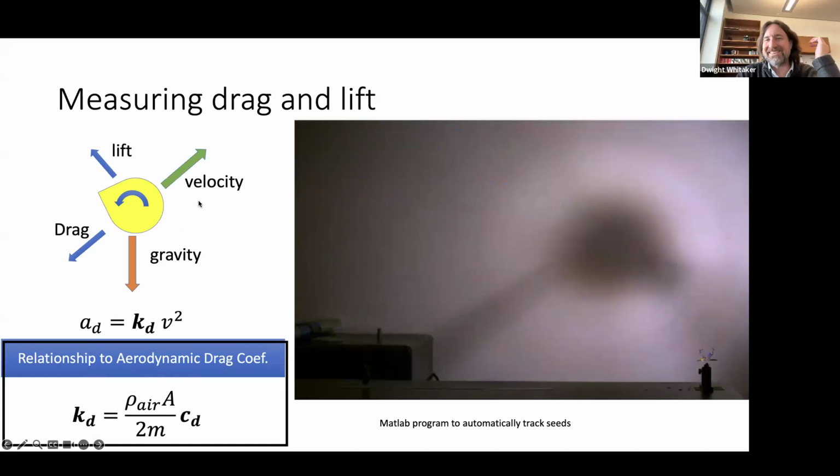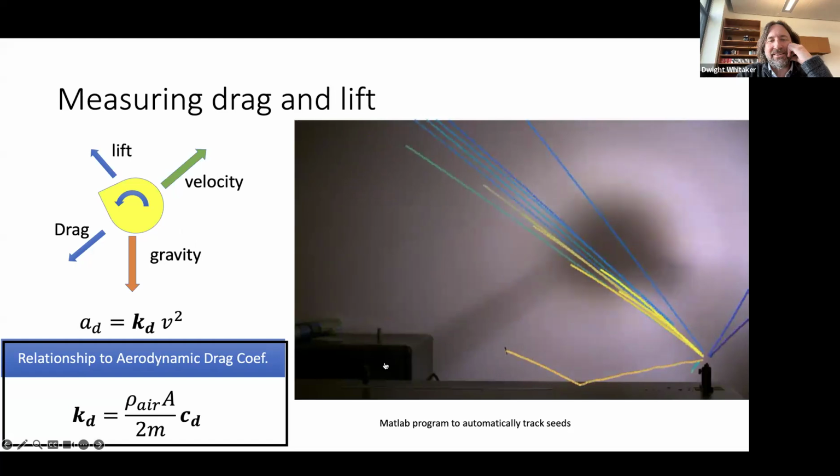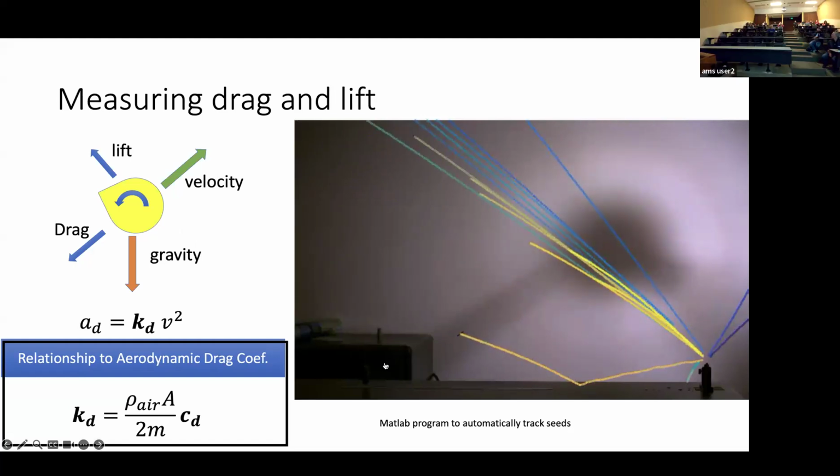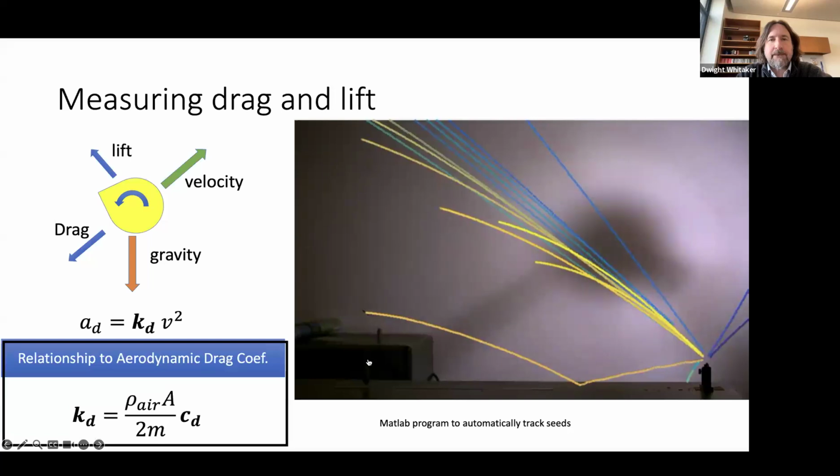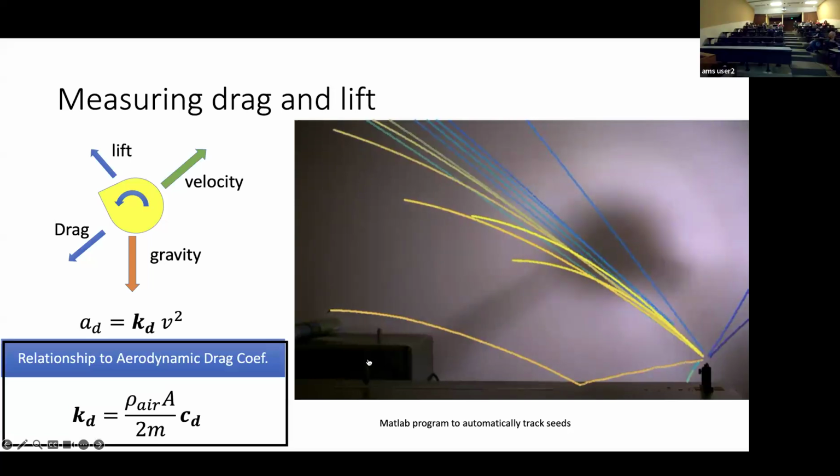Oh, okay. Let me just hit share again. Maybe that works. How about that? Still bad? Let me stop sharing and just reshare. Maybe that'll work. How about... Yes. Okay. Yeah.